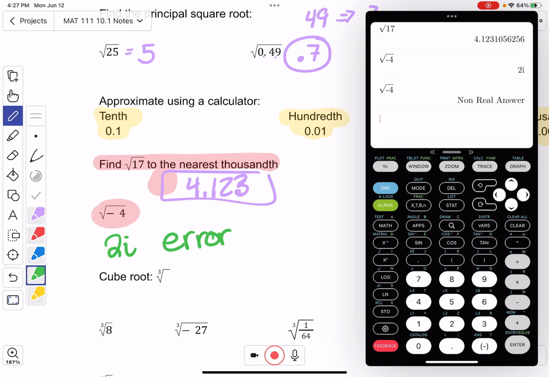So there's no real answer. For right now, until we start talking about i, the error or no solution is fine. Once we talk about i, you'll have to start using that. So just keep that in mind. If your calculator says error, leave it at that. I'll show you how to change the setting later.